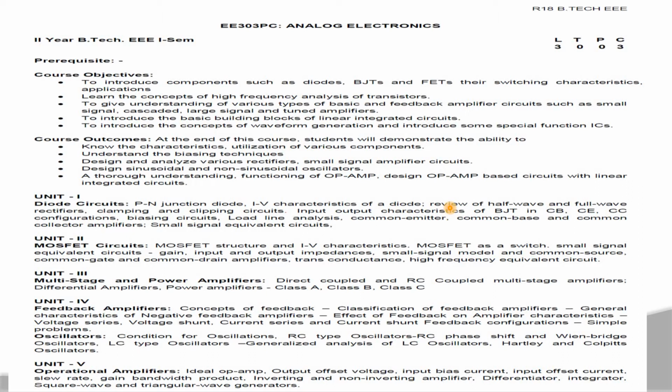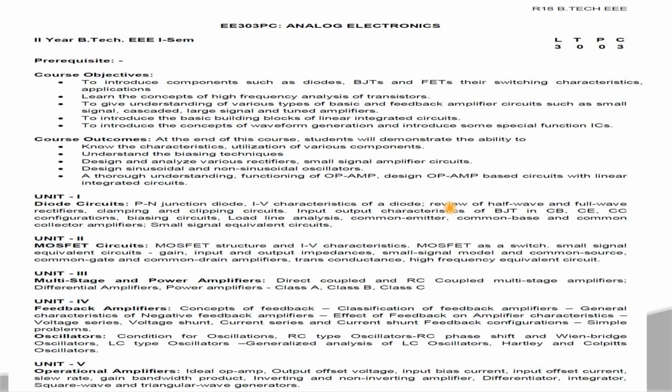It means we can design circuits with the help of passive and active components. We will come to know about passive and active components in upcoming classes, and also gain a thorough understanding of the functioning of operational amplifiers, and how to design operational amplifiers in linear integrated circuits.